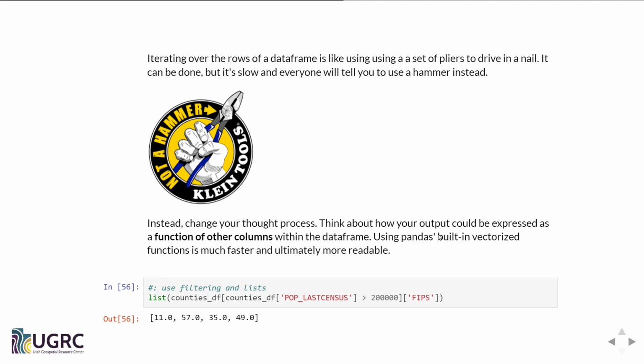That just isn't readable. Trust me, I've done it. So, for example, again, we just want that 200,000. I'm going to say, give me the FIPS column for anything that is greater than 200,000 and cast that to a list. And we're going to see some more examples here in a minute.